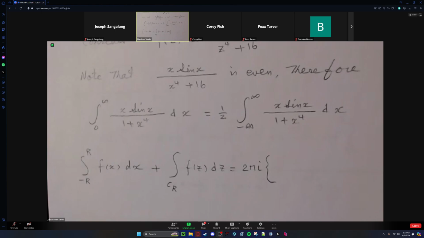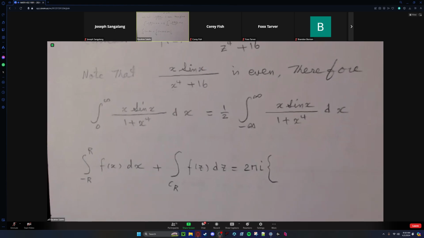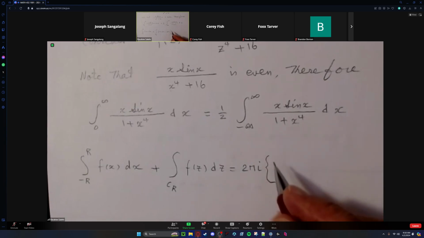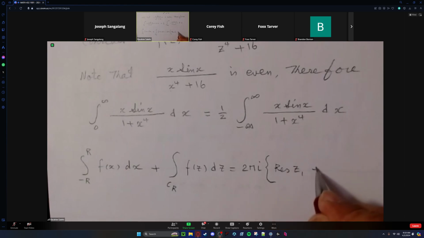There are 4 of them. 2 will be in the upper half plane. So I'm going to call them z1 and z2: residue at z1 plus residue at z2.